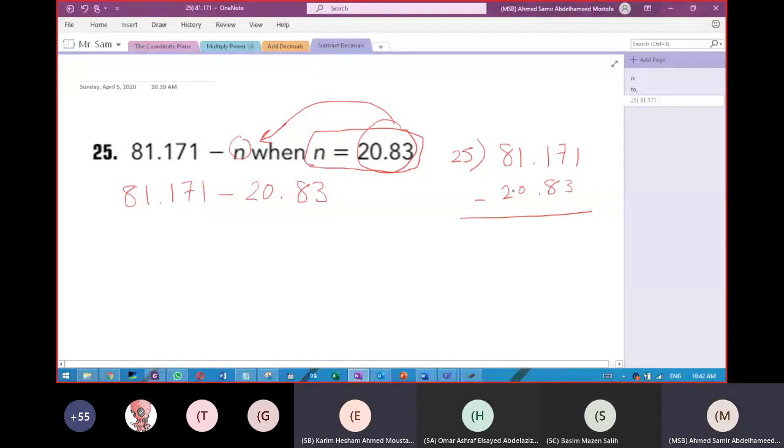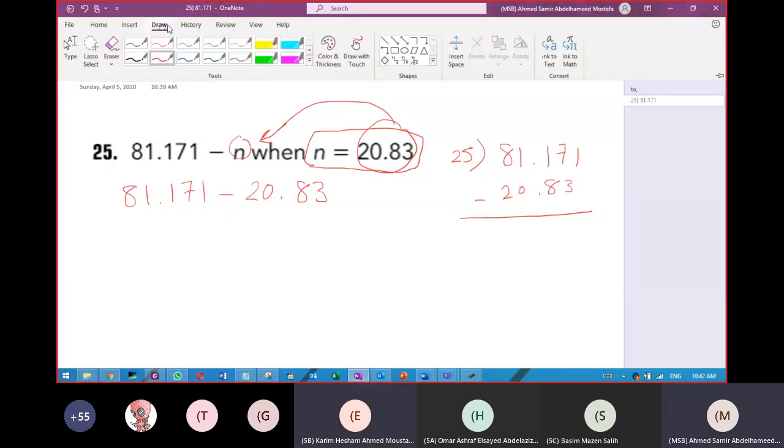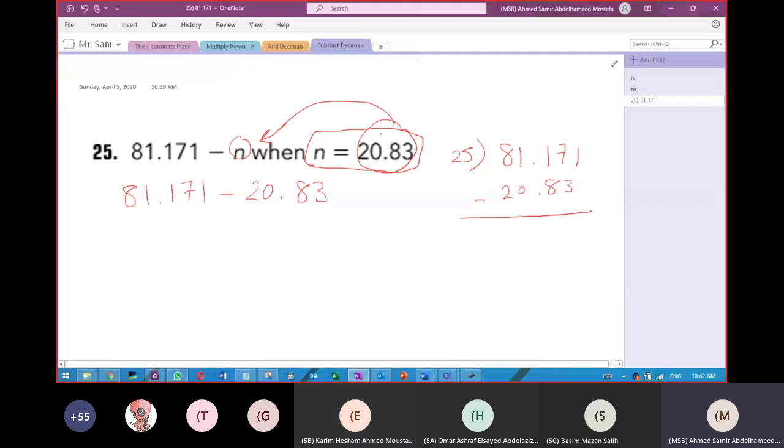We add 0 here first. Excellent job. Change the color. And we add 0 here. Thank you very much for being attentive here, Kareem. And we'll continue. Then 1 minus 0 equals 1. 7 minus 3 equals 4. And 1 minus 8, no.